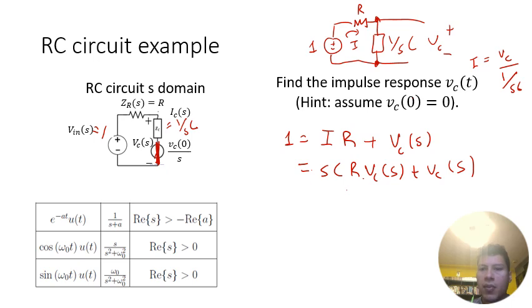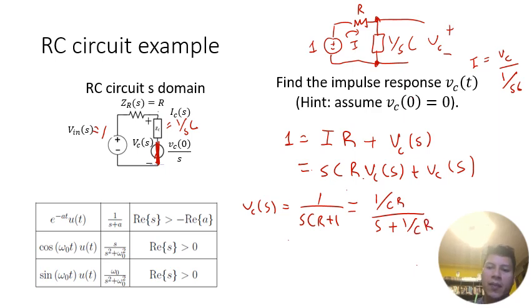And then we can factor out the VC and divide both sides so that VC(s) equals 1 over SCR plus 1, which is just 1 over CR divided by S plus 1 over CR.